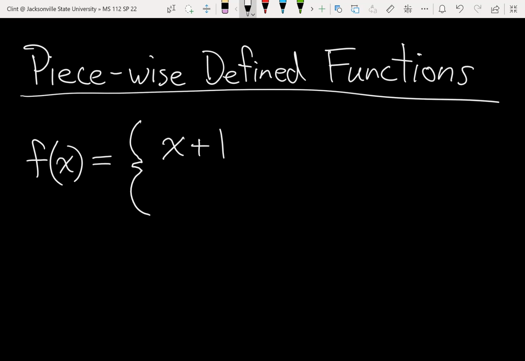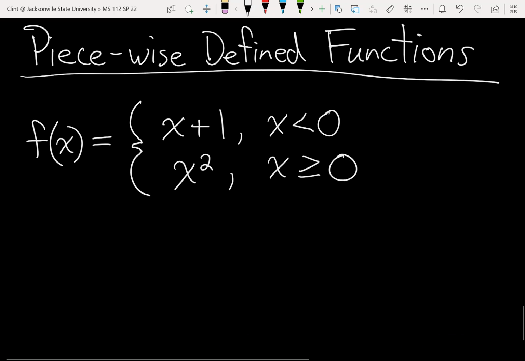So here's one. So what this thing's telling us, we've got two different rules, and we just have to know when to use which one.